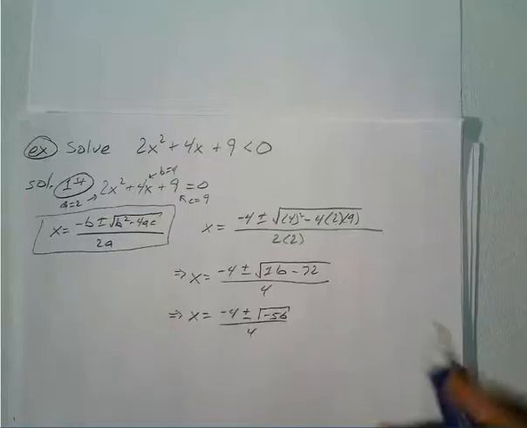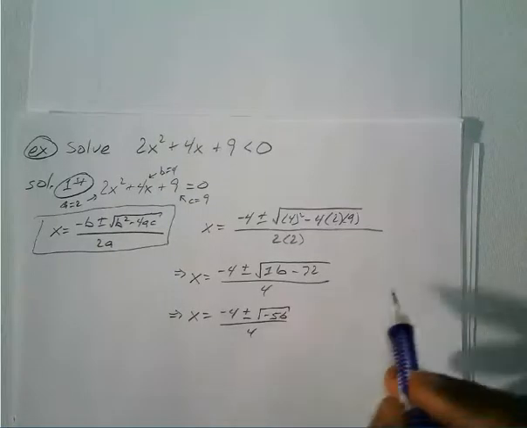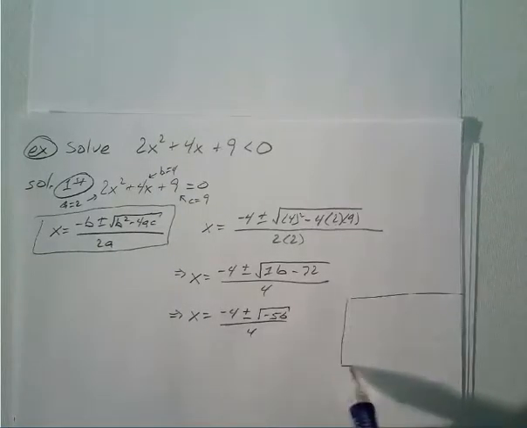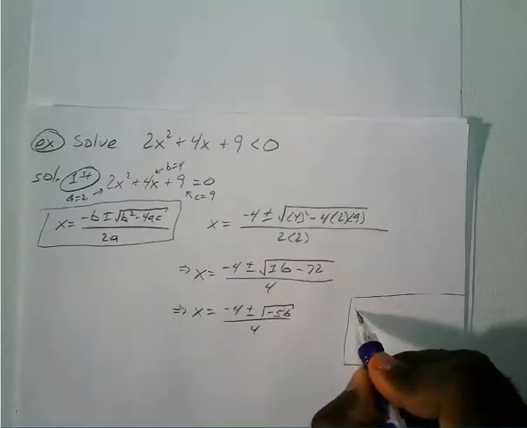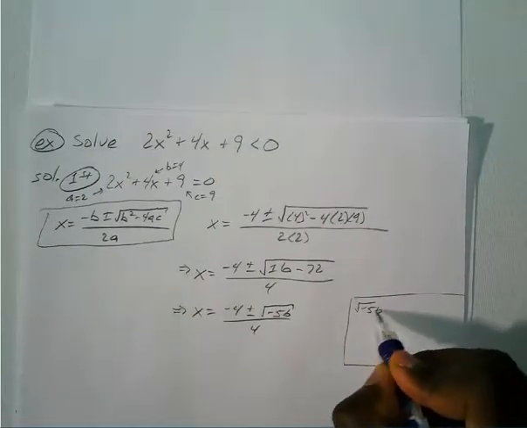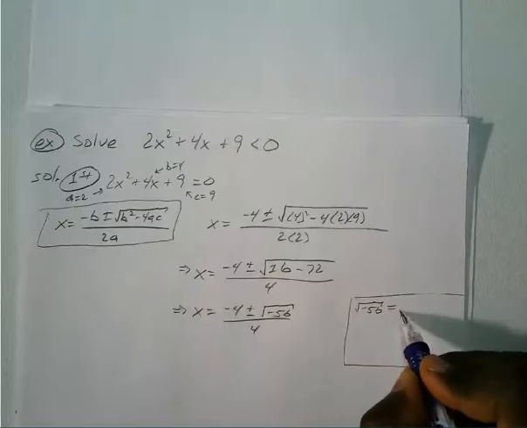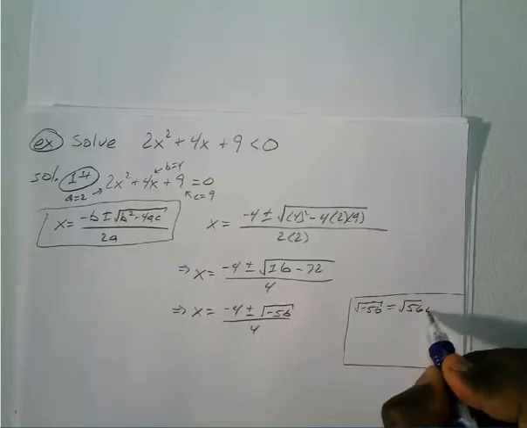Alright, so what we're going to do here, we have to remember the square root of negative 56 is equal to the square root of 56 times i.